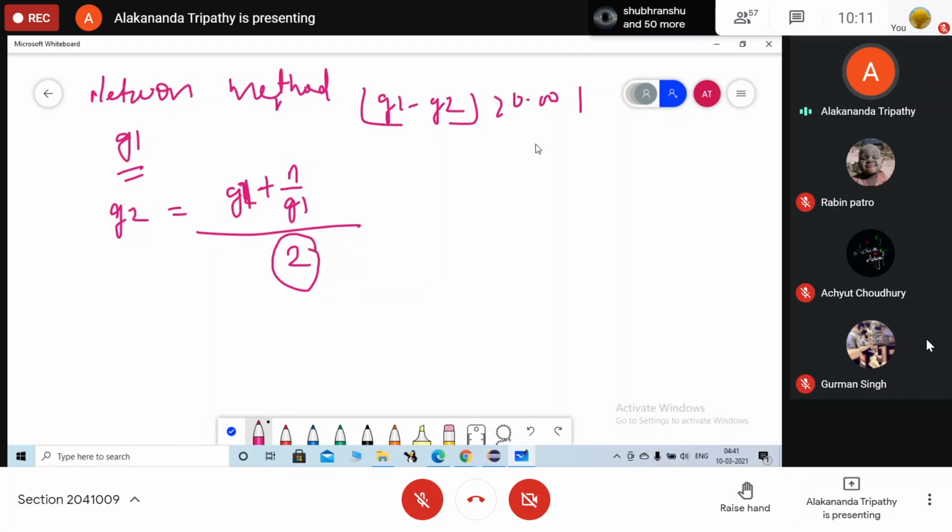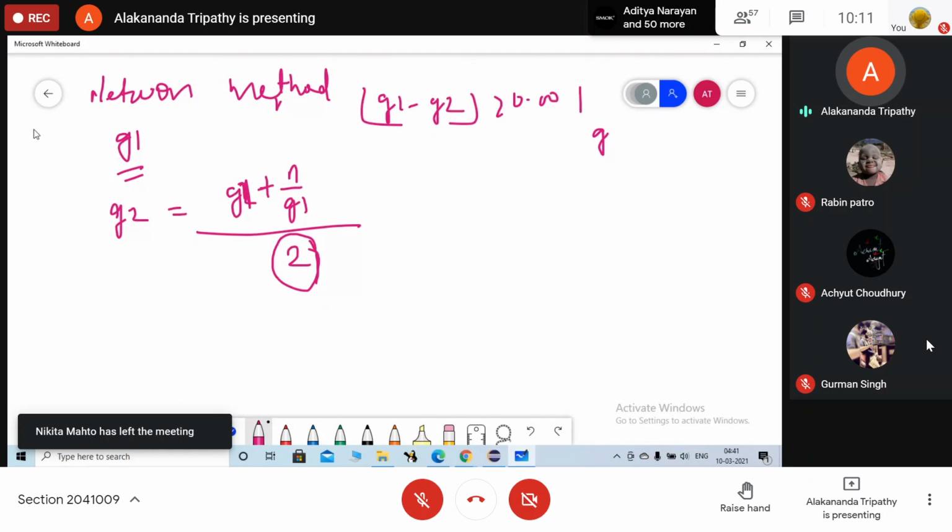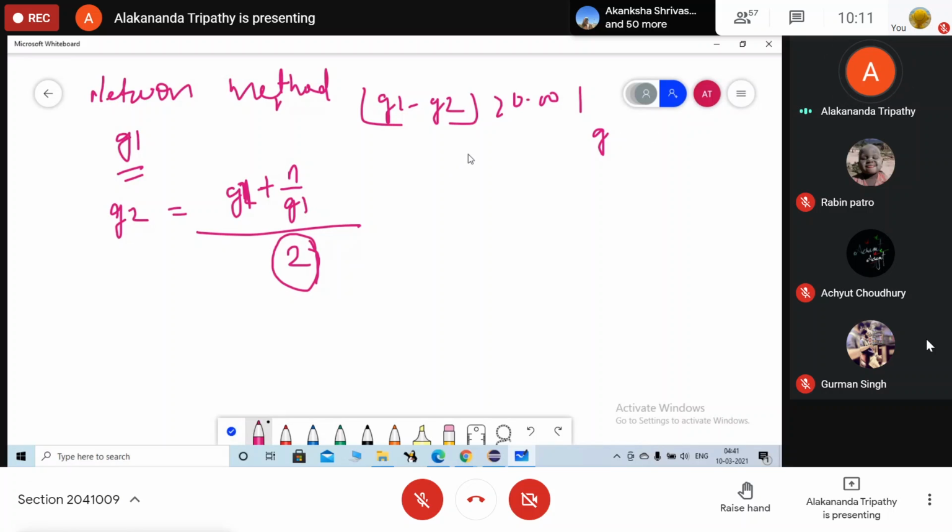So we are repeatedly going to use G1 equals G1 plus n by G1 whole divided by 2 while it is greater than 0.001. So here what will happen? Now take value for G1. Take one number for which we need to find out the square root. Tell me a number.